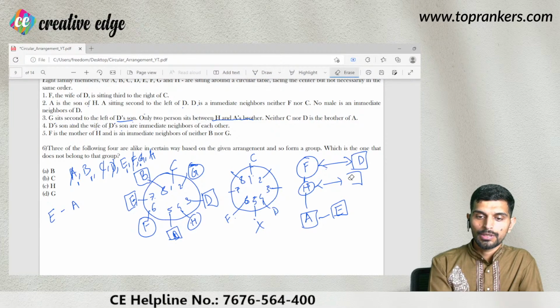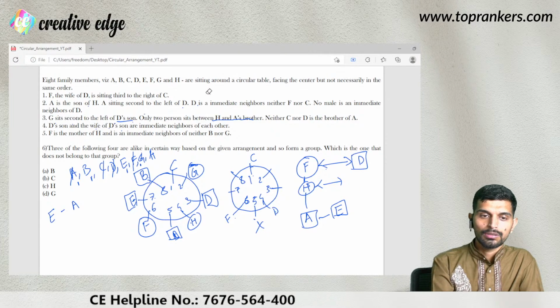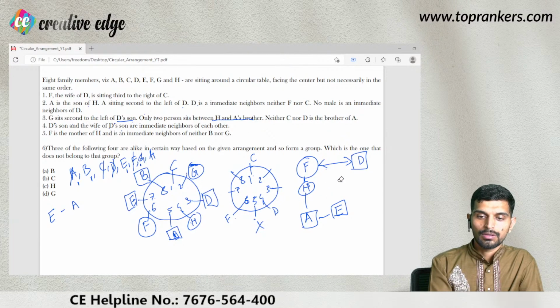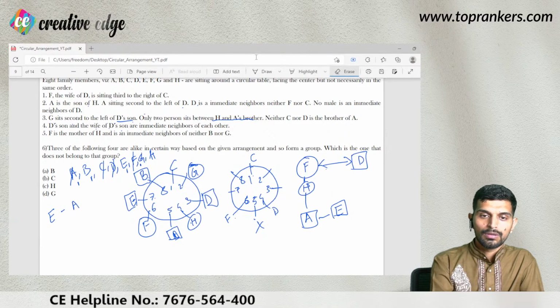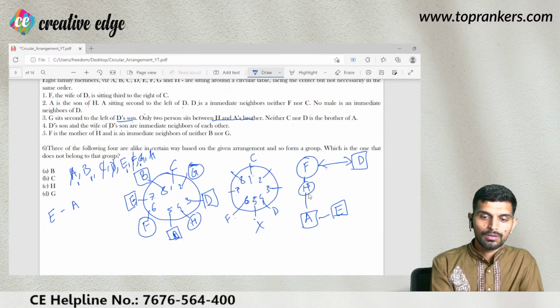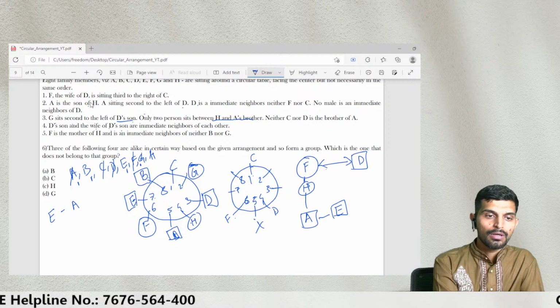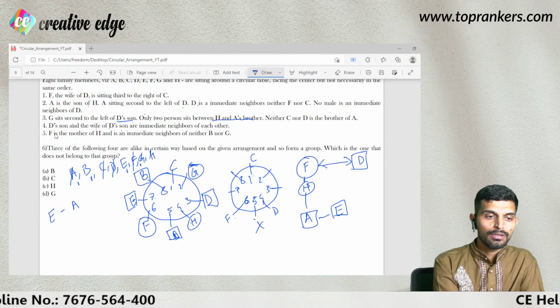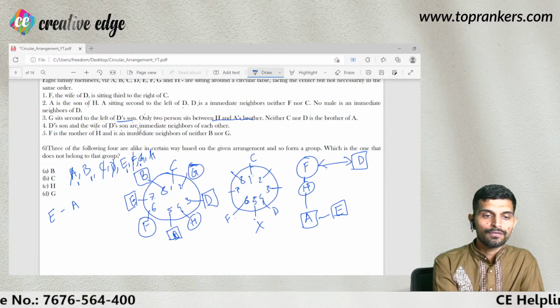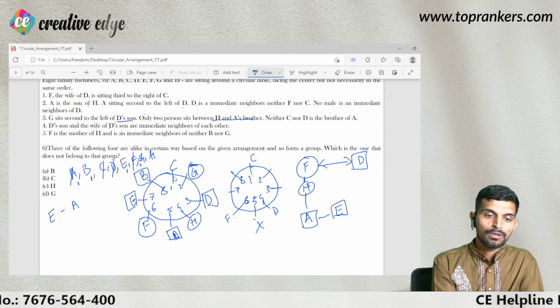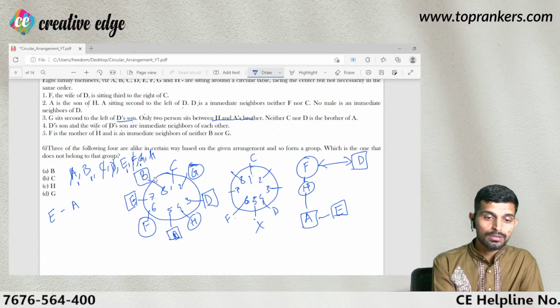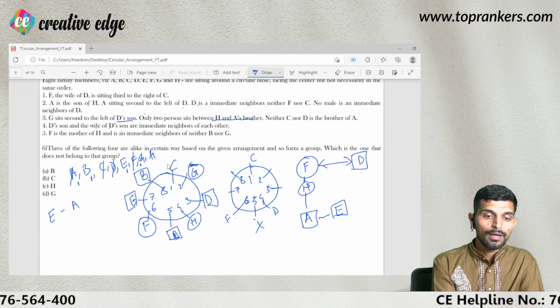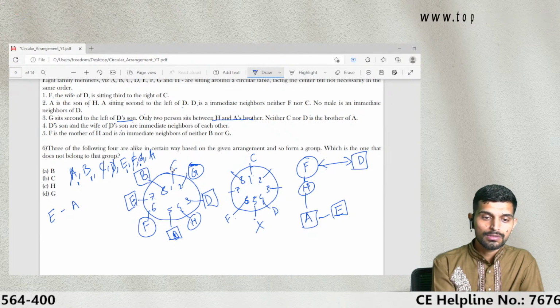This cannot be B. D's son. F is the wife of D, right? D's son and the wife of D's son. D's son is B and wife of D's son is C, right?